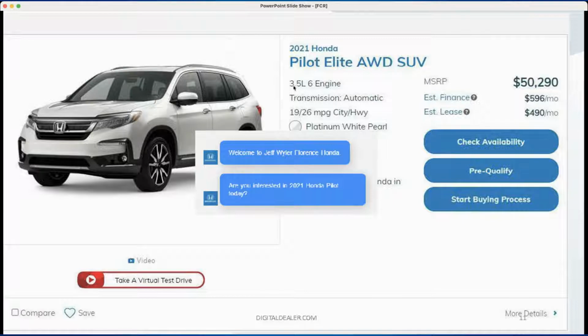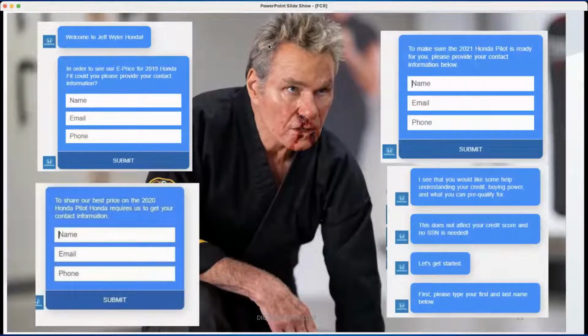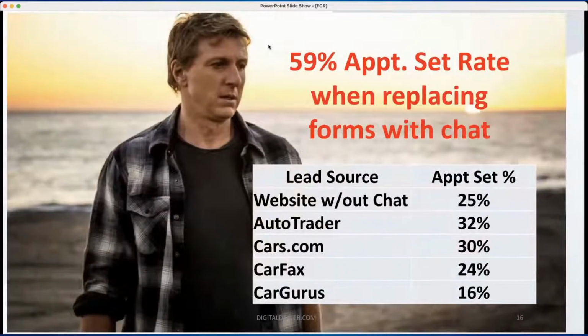And this is extremely important because whether the chat session includes pushing the person a form or just asking their information piece by piece, the outcome is amazing. This is data from the Wyler Automotive Group.